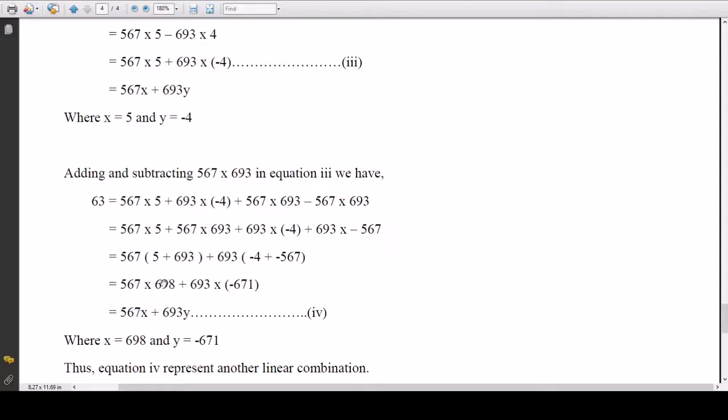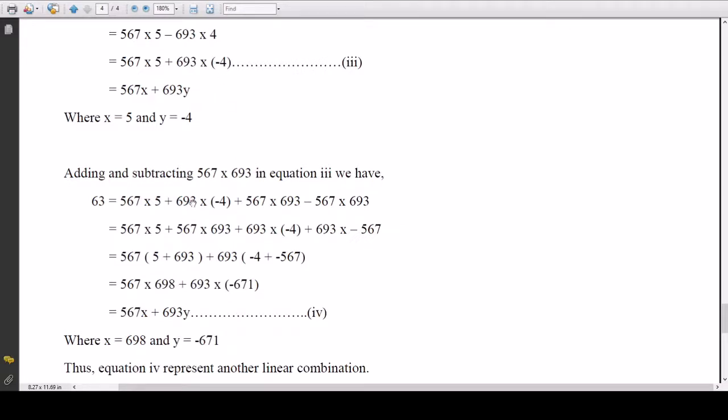Mark this as equation number 4. Now you see in equation 3, we have 567, 5, 693, minus 4, whereas in equation 4 we have 698 and 571. The linear combination is different.